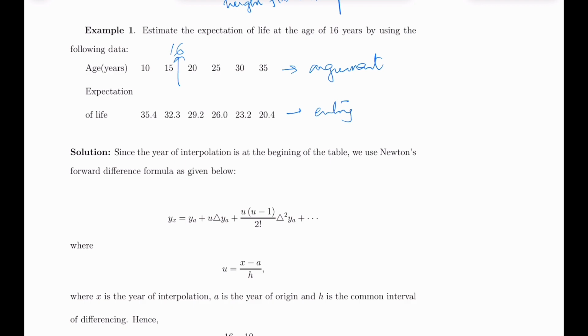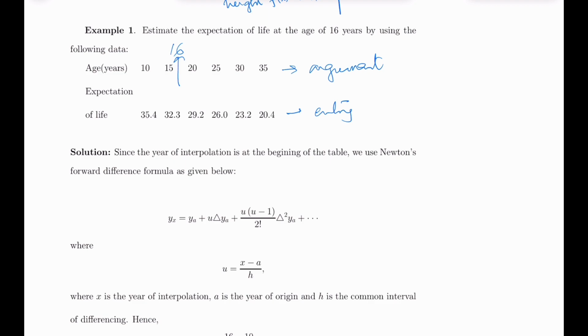So we have here age. The age is simply the argument. Expectation of life, this is your entry. The age is given at the interval of 5 years: 10, 15, 20, 25, 30, 35. So this interval is 5 years. So h is equal to 5.